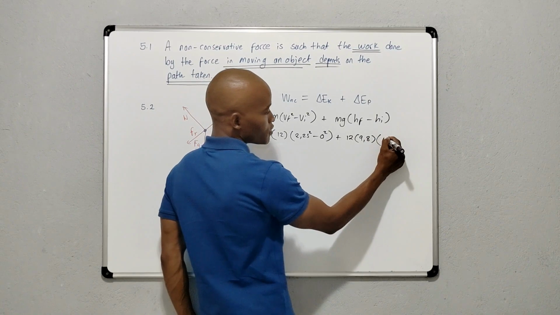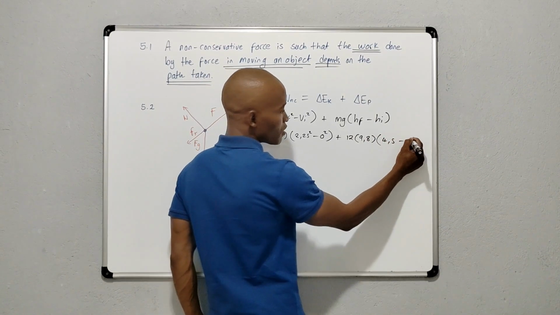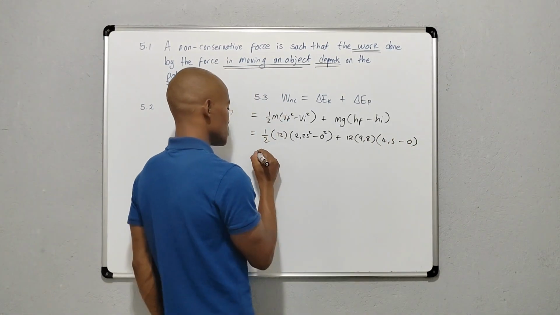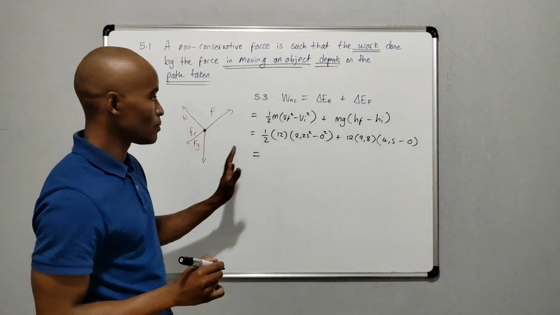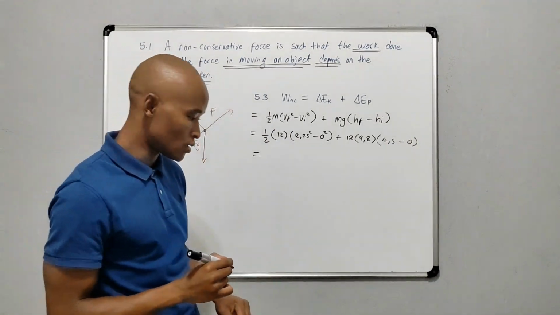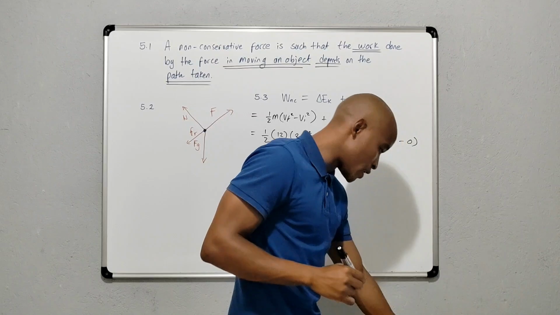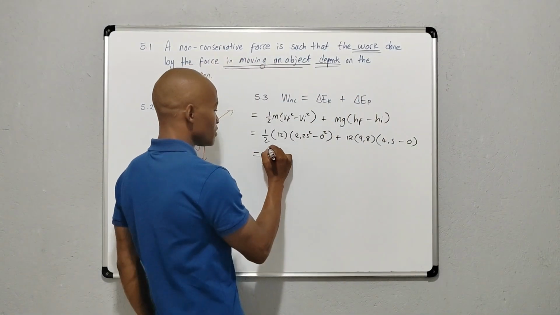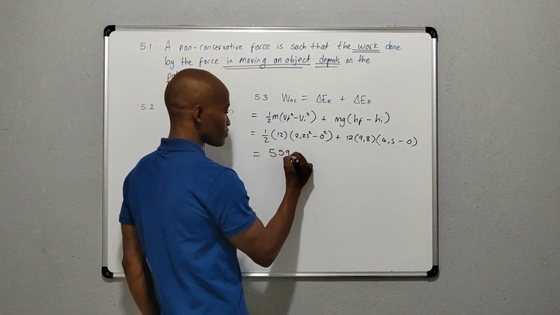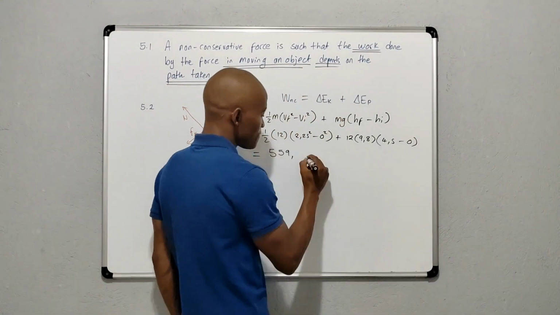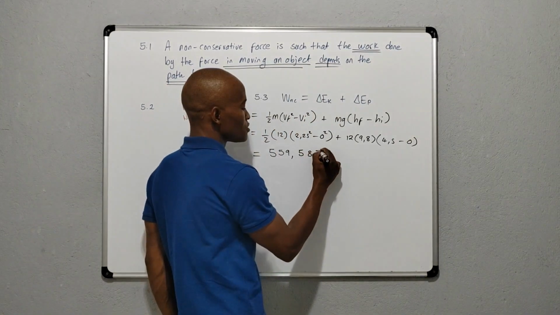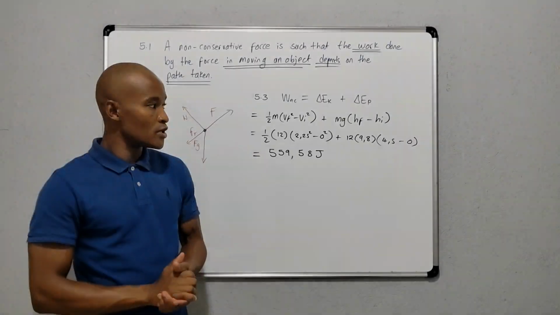The final height is 4.5, starts from the ground, so initial height is 0. Good. So guys, plug that into a calculator and you should get 559.58 joules. Okay, good stuff.